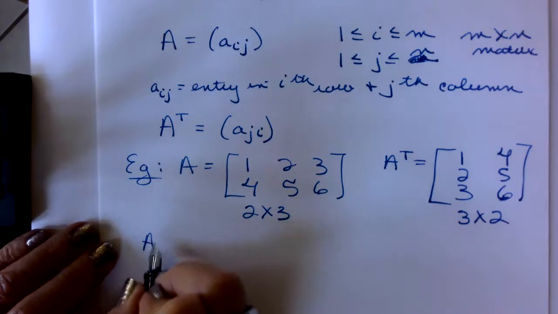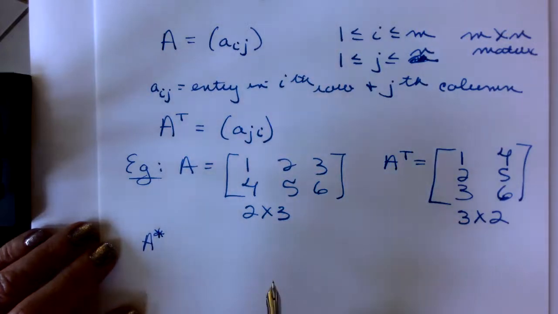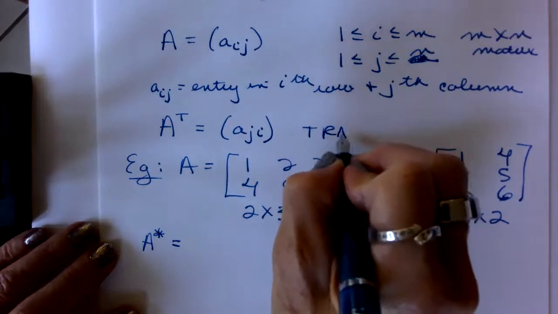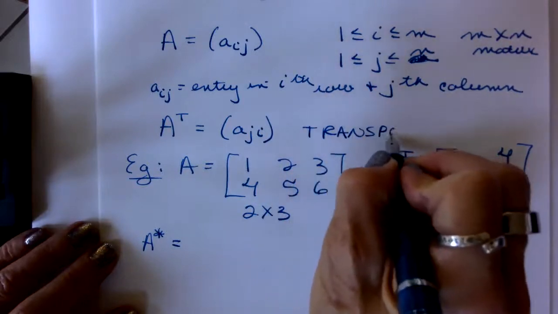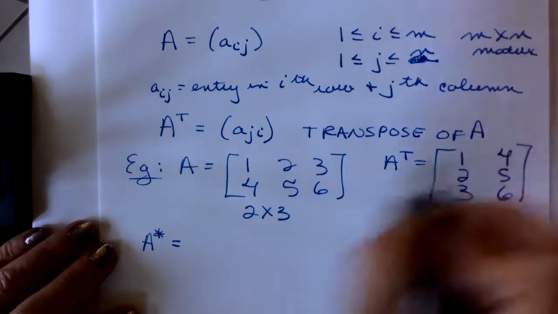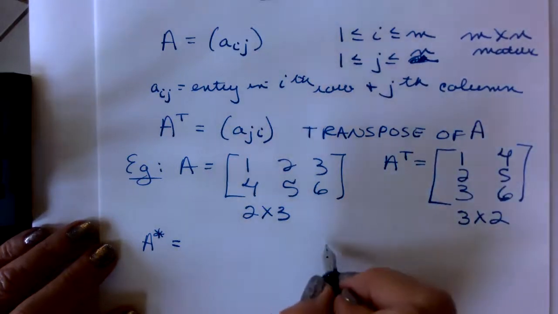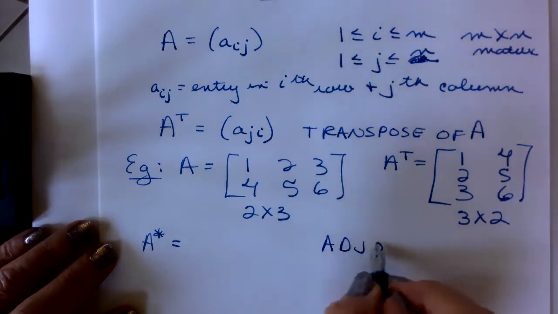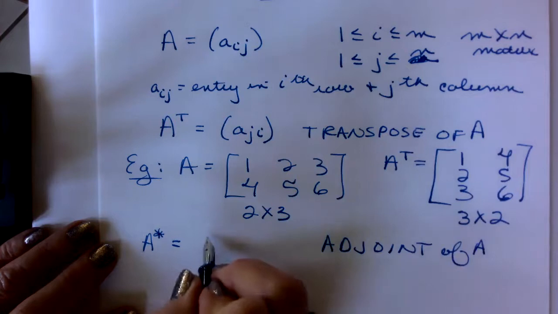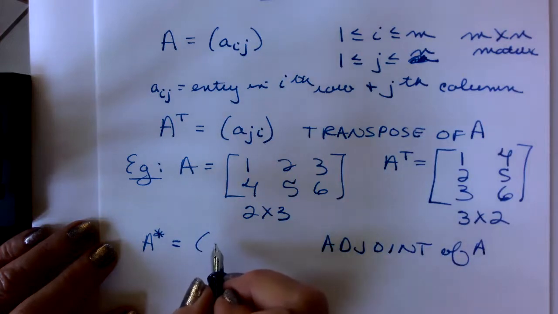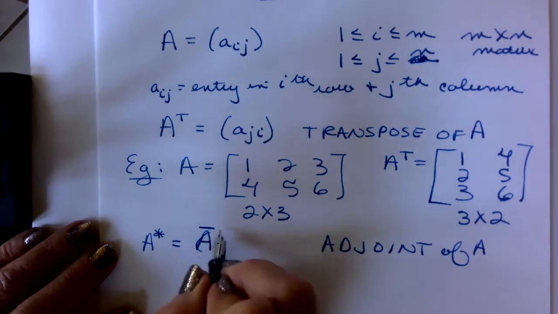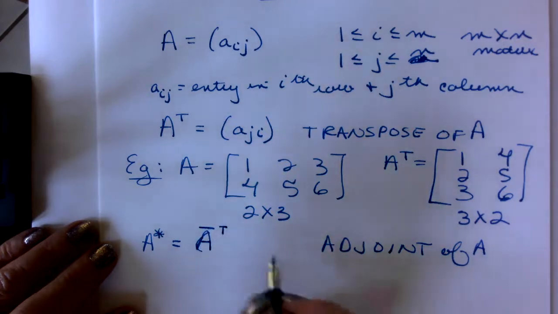Another thing you will run into that we need to know is something called the adjoint. So again, this was the transpose of A, and this is going to be the adjoint of A. That is, you take A, take its complex conjugate, and transpose it.